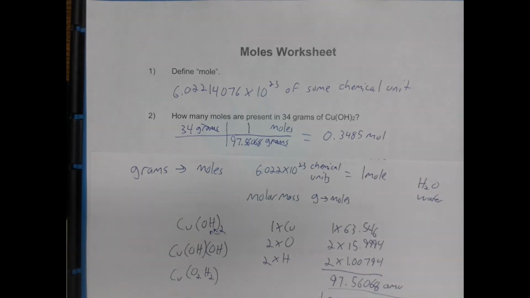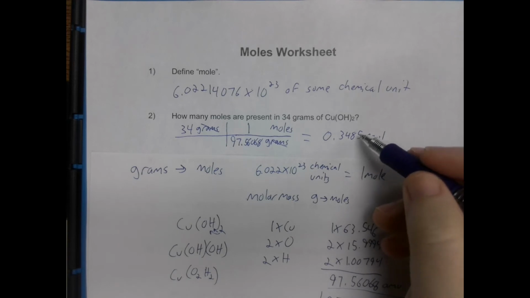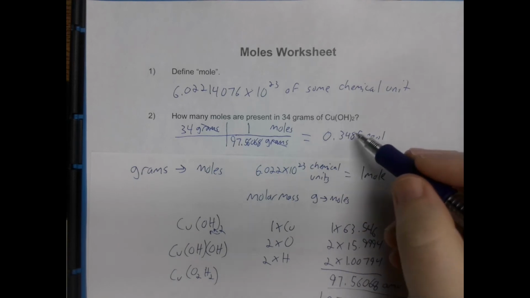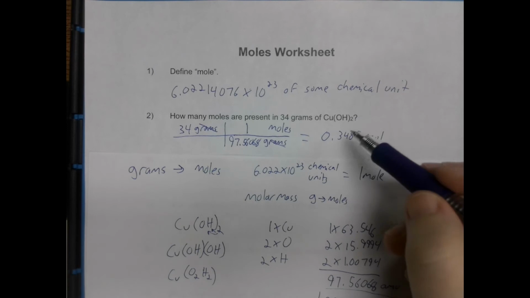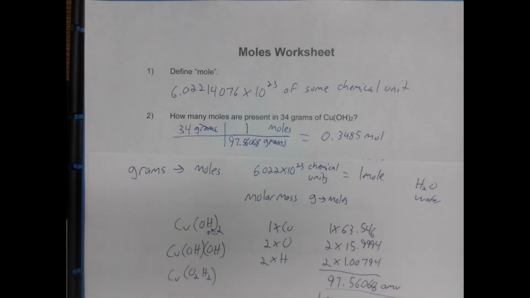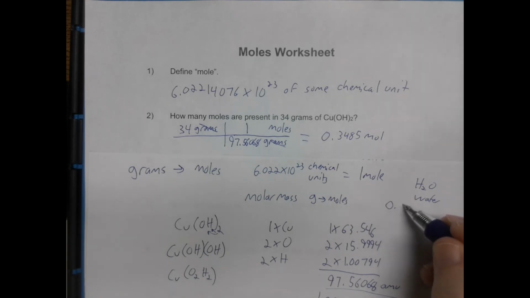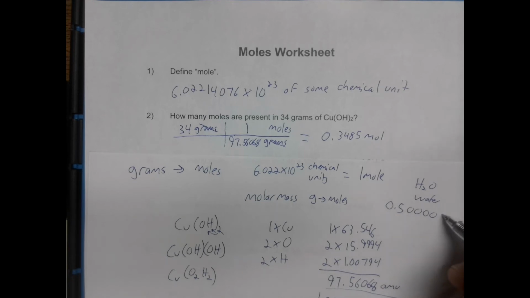By the way, from now on, whenever you do homework, I want at very minimum 4 significant figures. So at least 4 numbers. If you get an answer that's exactly a half, like 0.5, or 0.50000001, you can go ahead and round this to 0.5.